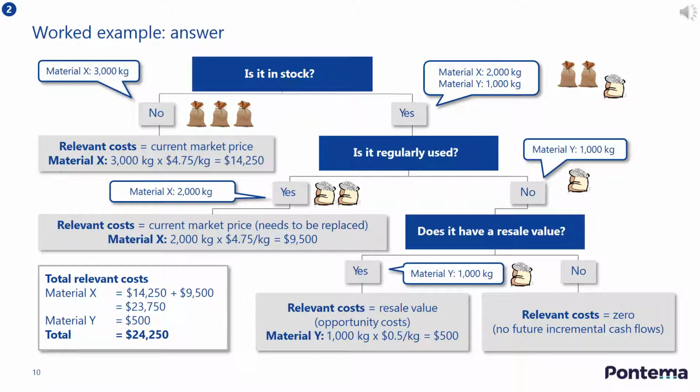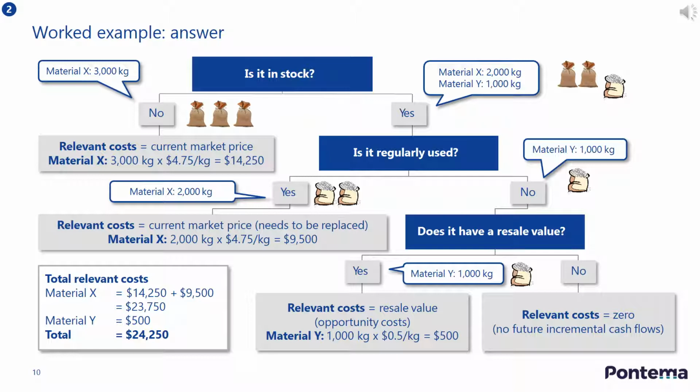As you can see from the slide, there are relevant costs for both material X and Y. 3,000 kilograms of material X is out of stock and needs to be bought at current market prices, whereas the 2,000 kilograms in stock also needs to be replaced, as it is regularly used within the business.